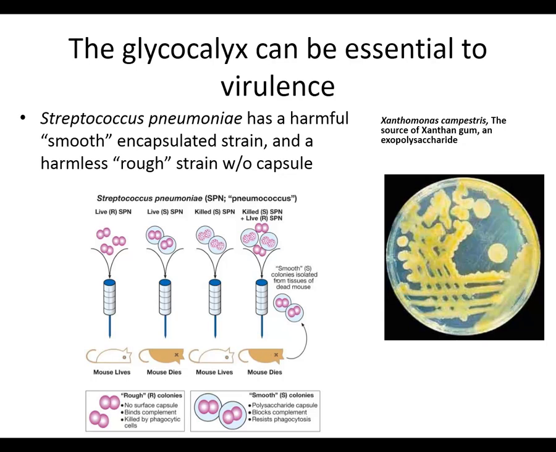These guys make a glycocalyx, and that's the difference between life and death, both for the mouse and for the bacteria themselves, yeah? And the reason for that is because the mouse's immune system has white blood cells, and the white blood cells swallow up bacteria by phagocytosis, right?